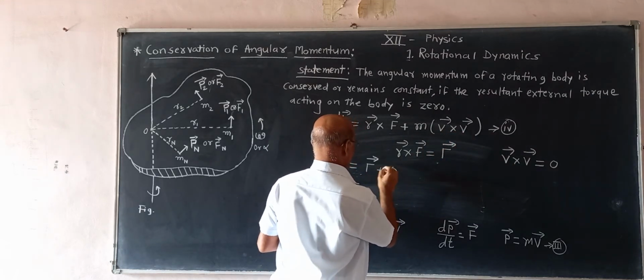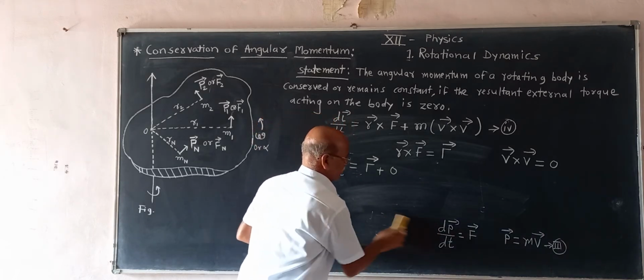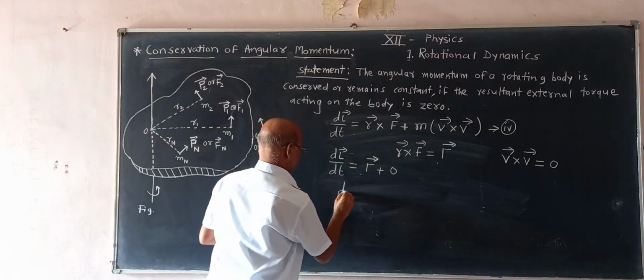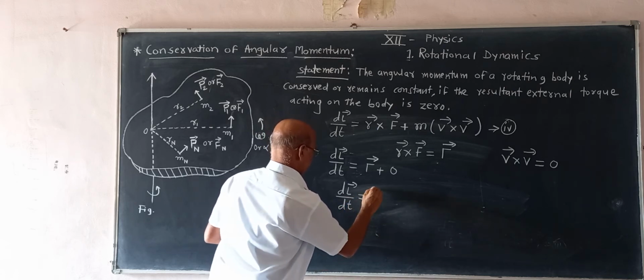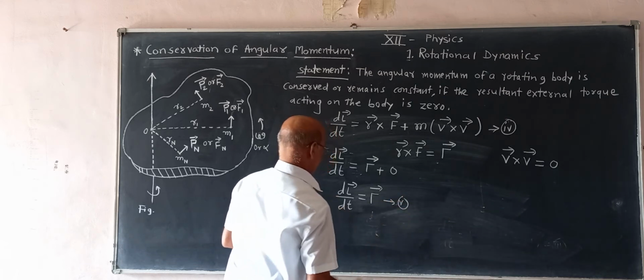So this term becomes 0. So dL vector by dt equal to vector tau. It is equation number 5.